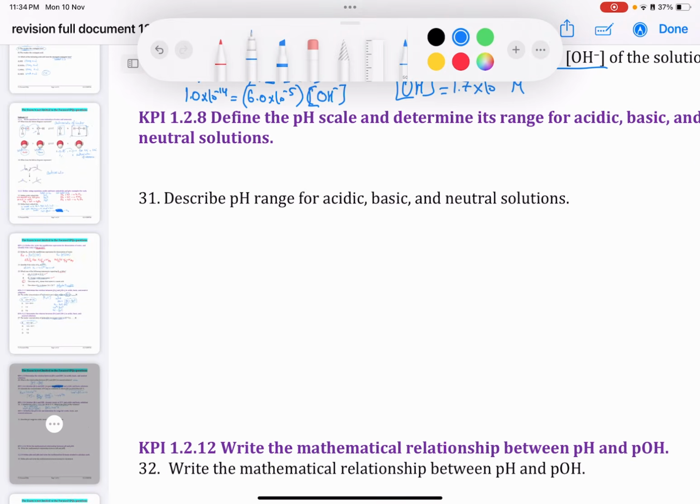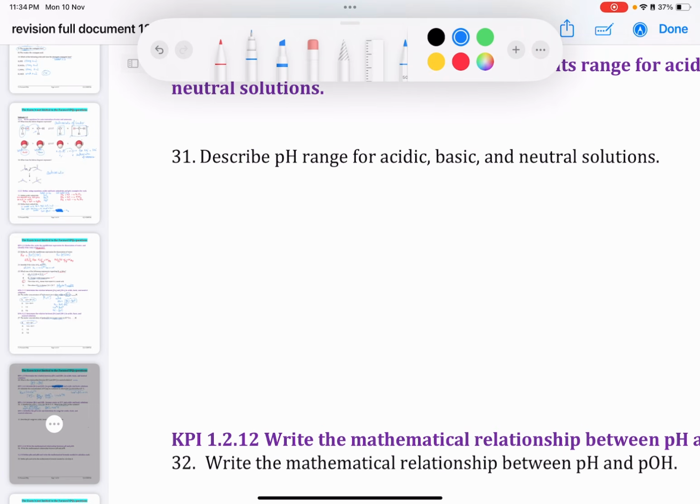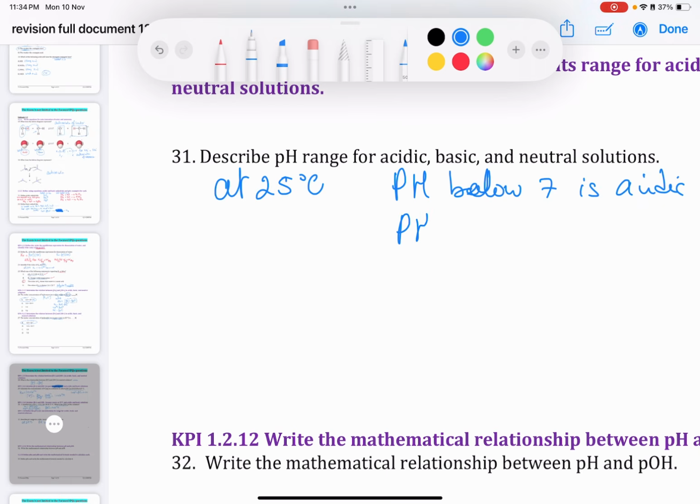Describe the pH range for acidic, basic, and a neutral solution. In your description, you must mention, if you want to give values, at 25 degrees Celsius, pH below 7 is acidic, pH above 7 is basic, pH equal 7, we have neutral solution.